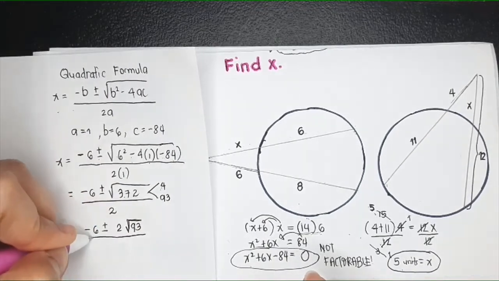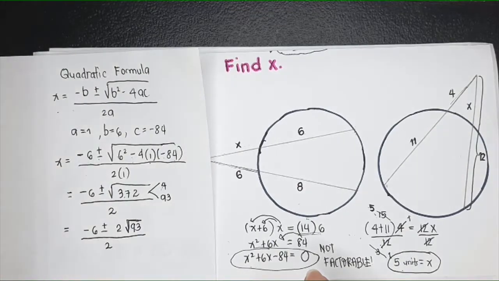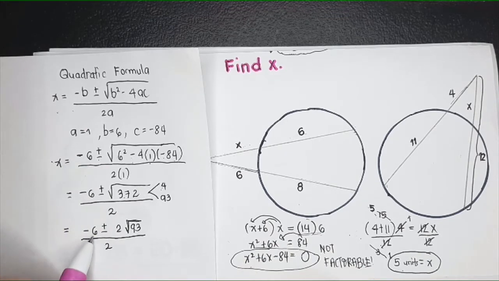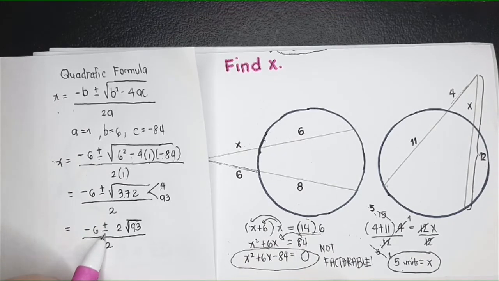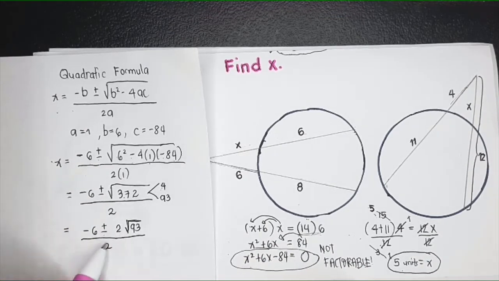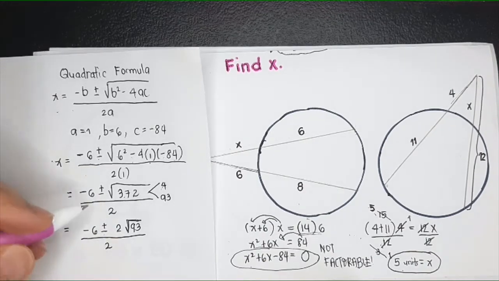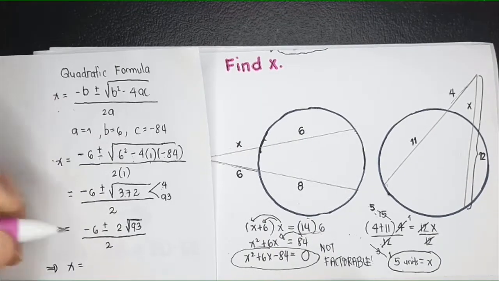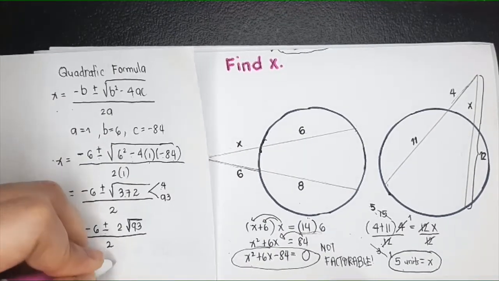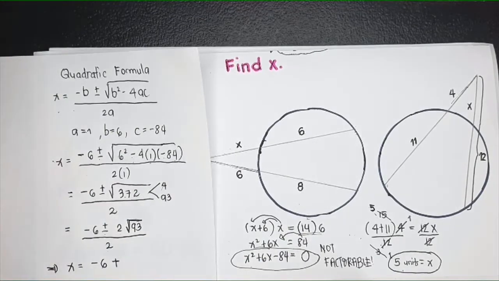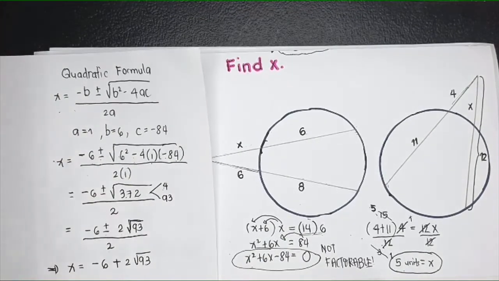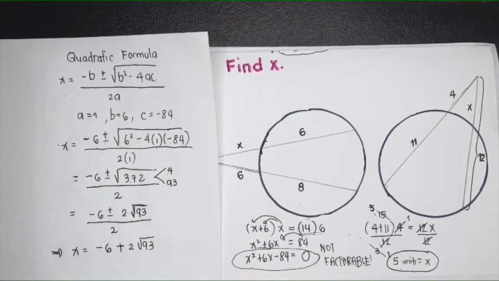All over 2. Ngayon, ang x mo, length. So, you don't take negative 6 minus 2 square root of 93 divided by 2 kasi, edi negative ang makukuha yung sagot. So, we only take x equals negative 6 plus. Yun na lang. So, 2 square root of 93 divided by 2.